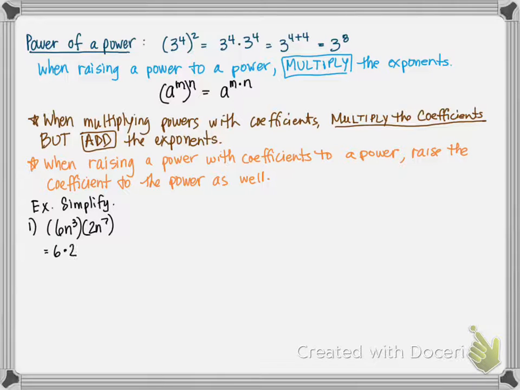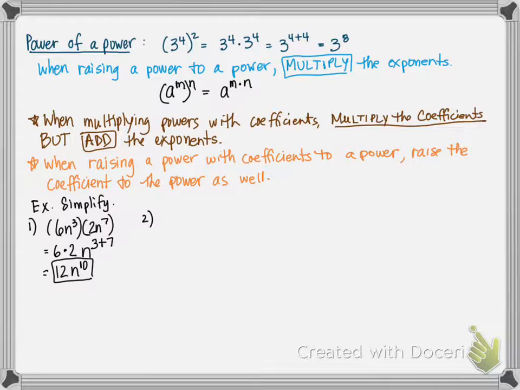Now this is a multiplication problem, so remember when I multiply like bases, then I'm going to add the exponents. So shortcut way, this is what my brain is thinking. I'm going to get the variable n, and the exponent will be 3 plus 7. So altogether, I get 12n to the 10th. Okay.